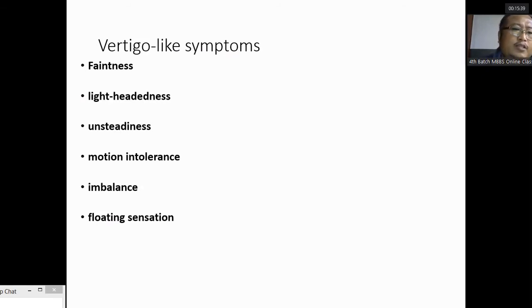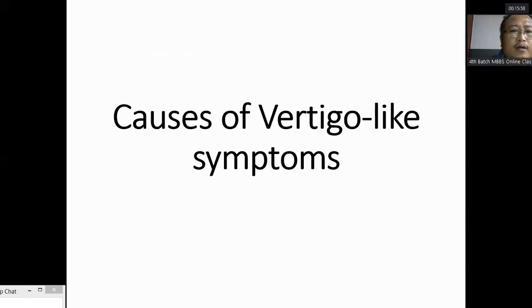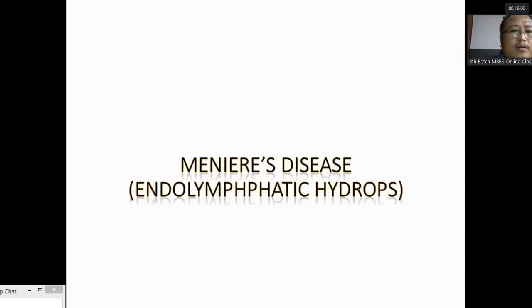But faintness, uneasiness and imbalance are related to other causes, and they shouldn't be mixed with our peripheral type of vertigo. Okay.